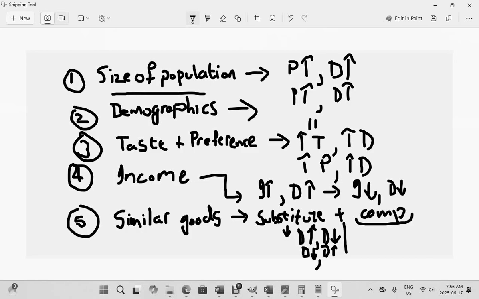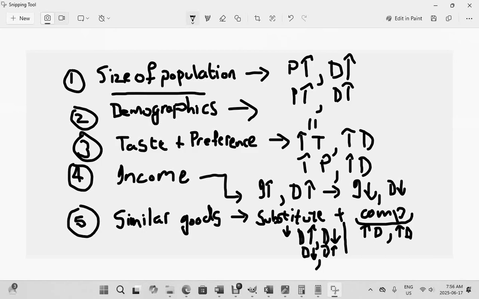That's an example of a complementary good. So as the demand for a certain product goes up, the demand for its complementary goes up as well. This is directly proportional, compared to a substitute product that's inversely proportional.